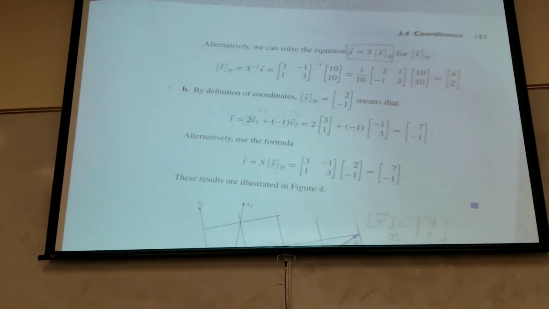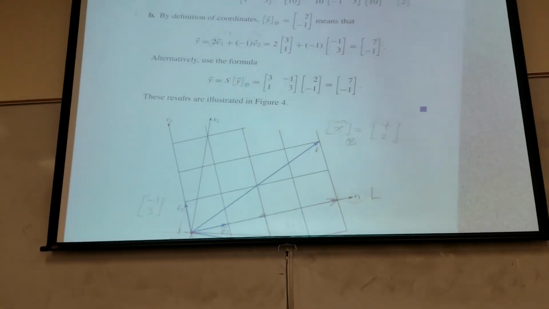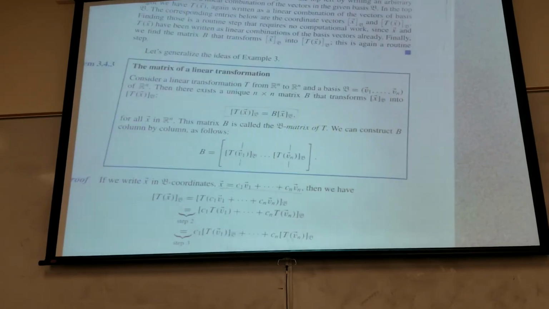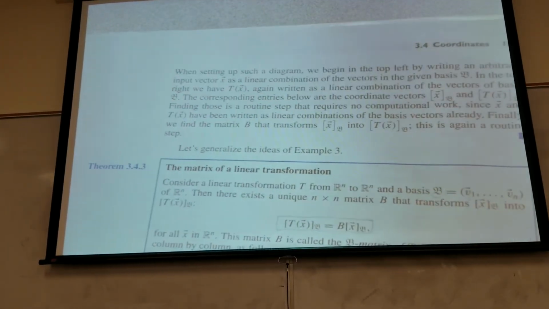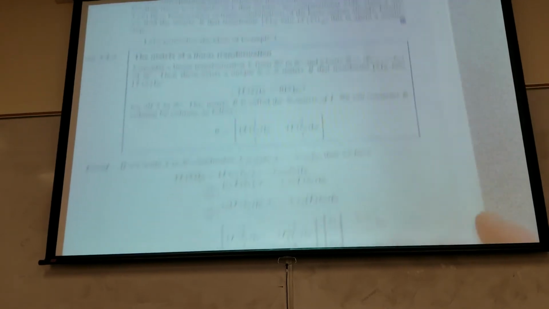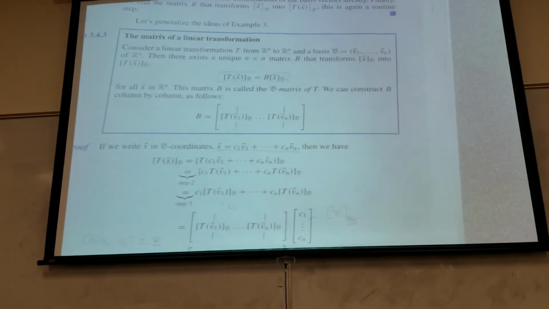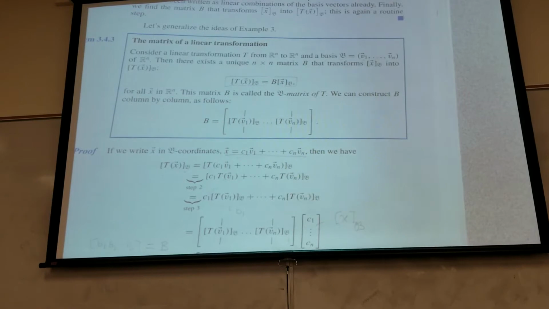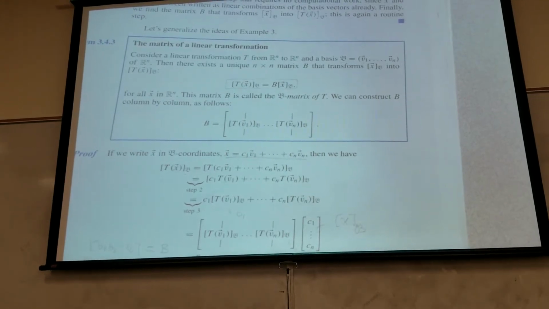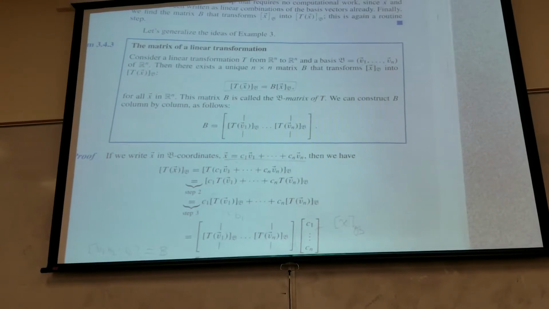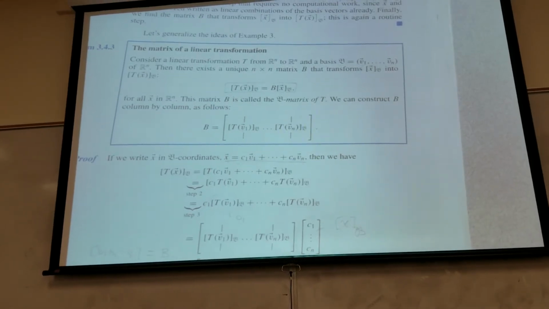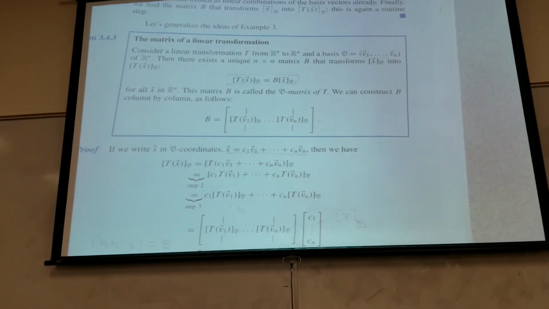So now we want to find something called the matrix of a transformation. So another new thing. We already have a good idea what coordinate vectors are, right?